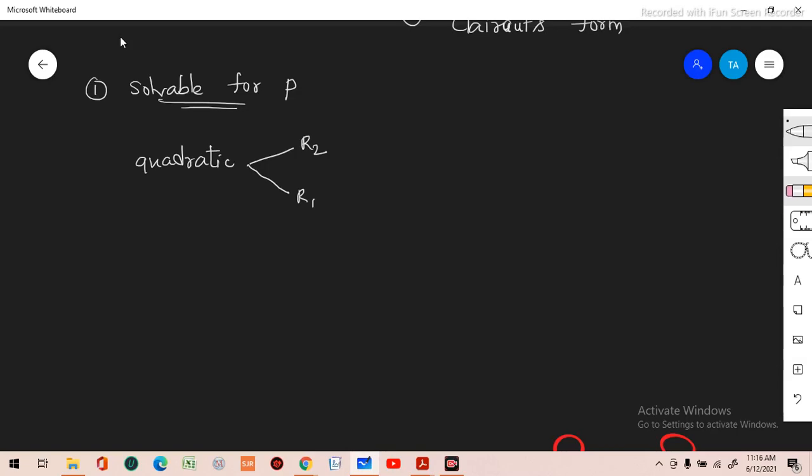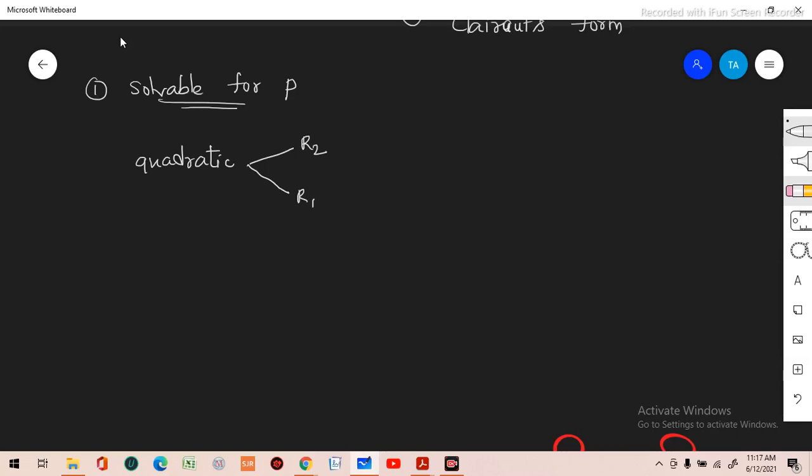See, in solvable for p, if any equation, listen carefully, if you are able to factorize it in terms of a product of two terms in p, then you can apply solvable for p.